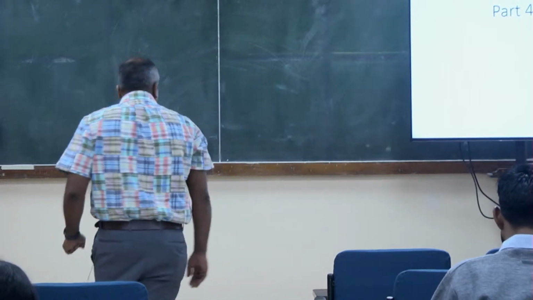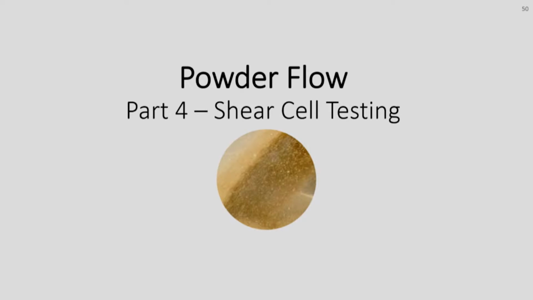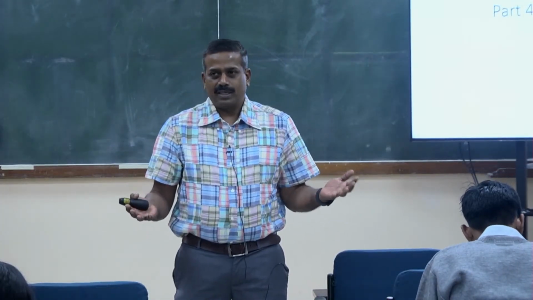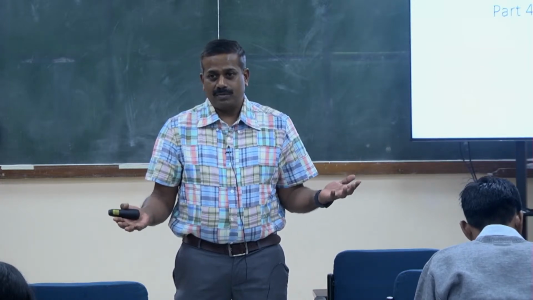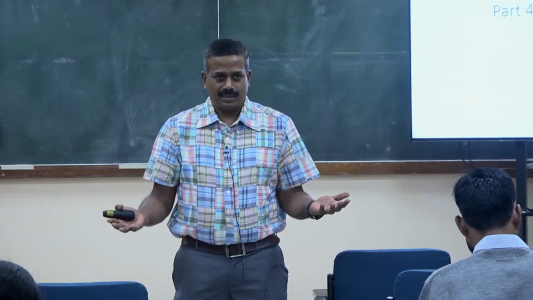Most of them are traditional qualitative indicators, right? So it helps with ranking of powders. We talked about one example, sugar and coffee powder, right? If you wanted to rank the flowability of sugar and coffee powder, all these methods can help. One might flow better than the other, right?